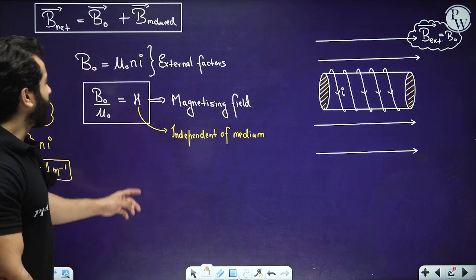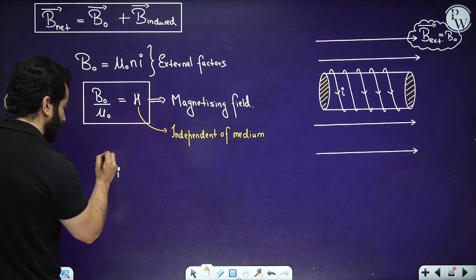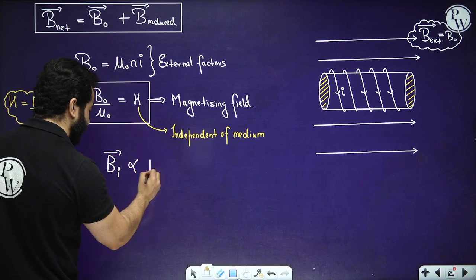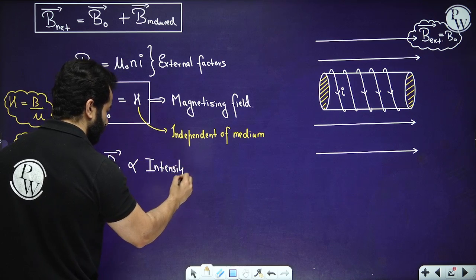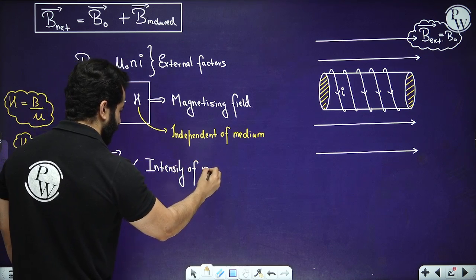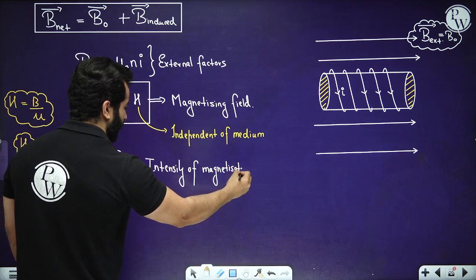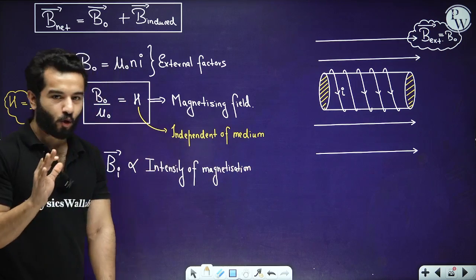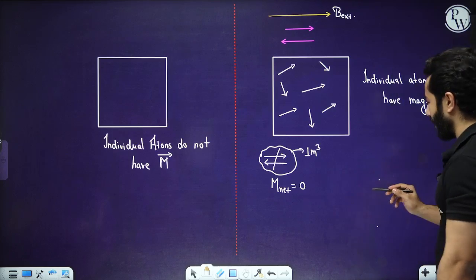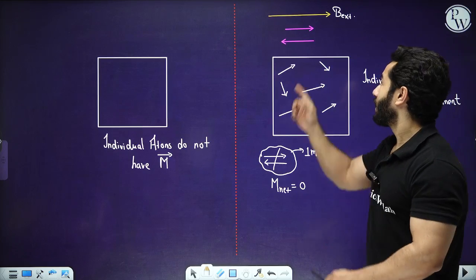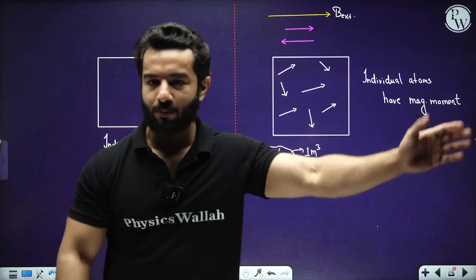Done. Now next thing is induced magnetic field. Induced magnetic field will be directly proportional to intensity of magnetization. Why are we talking about this? I'll explain. Right now I don't know when I apply the magnetic field whether the magnetic moments of individual atoms will align themselves along the direction of the magnetic field, or in the opposite.